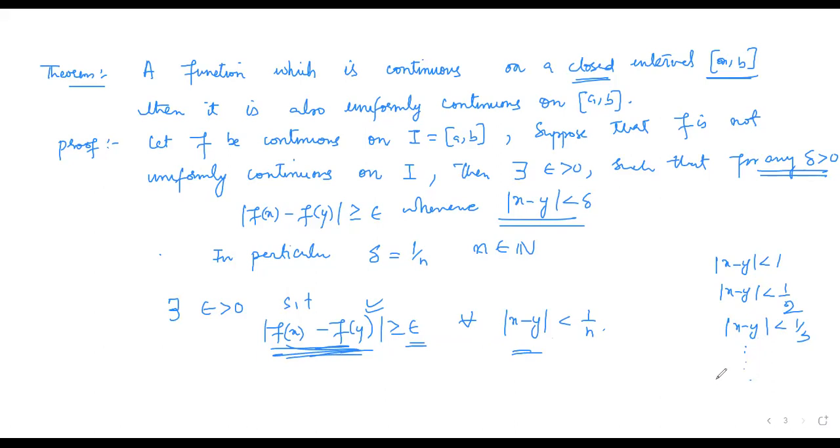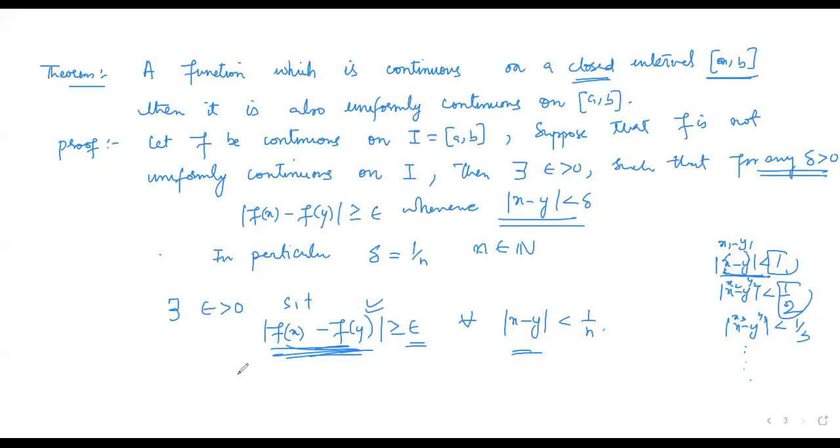So in that manner, I can find sequences x_n and y_n. I will call the pair satisfying the condition x1, y1, where |x1 - y1| is less than 1. Similarly x2, y2, and x3, y3. In this case, I can find two sequences, because of this bound which is in terms of natural numbers.